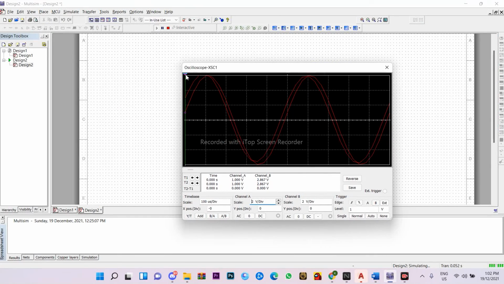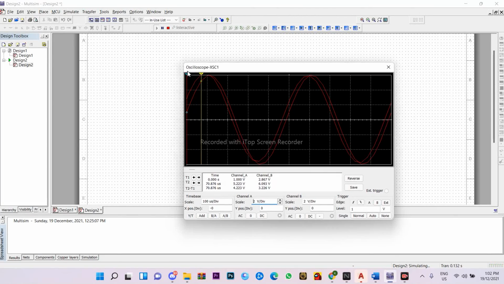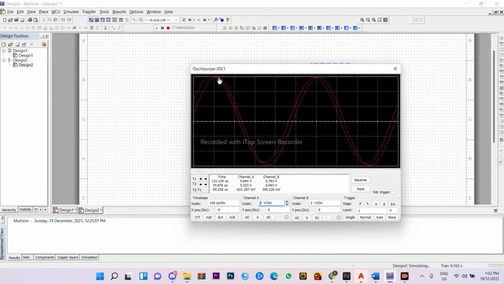And then you have to drag both channels to the zero crossing point, and we can conclude that the input leads the output.